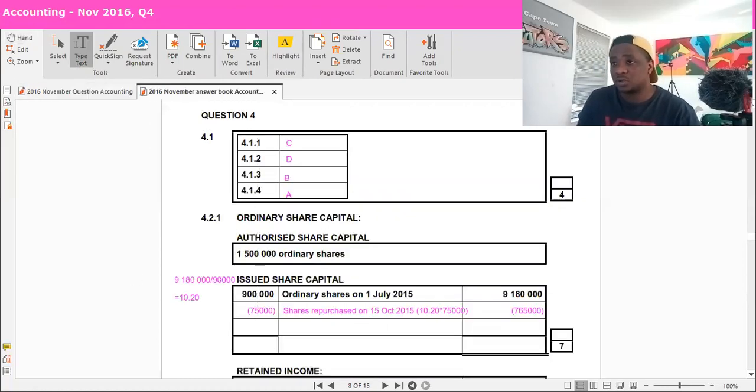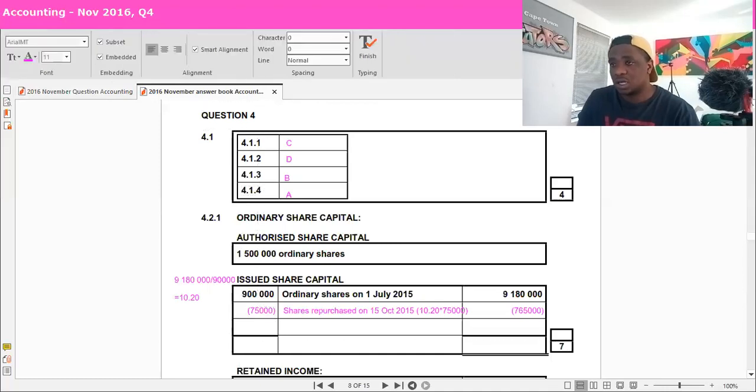So the number of shares that were issued is 125,000 shares, issued on 1 April 2016, and that one was 10.80 multiplied by 125,000 shares, and that would give us an amount of 1,350,000.